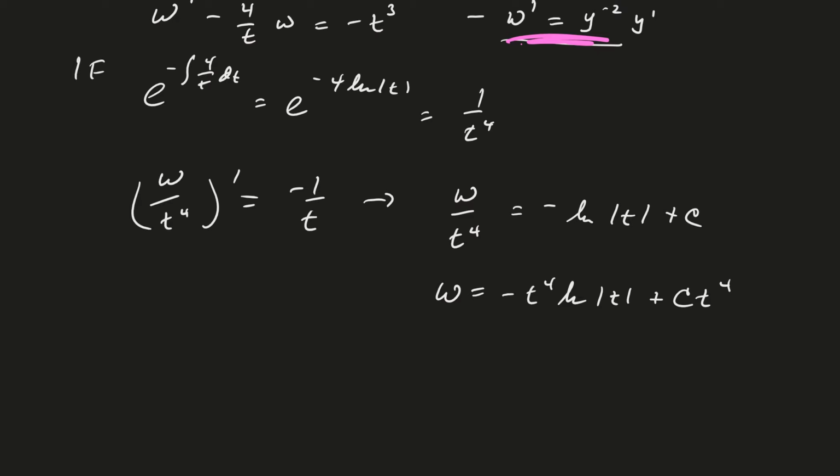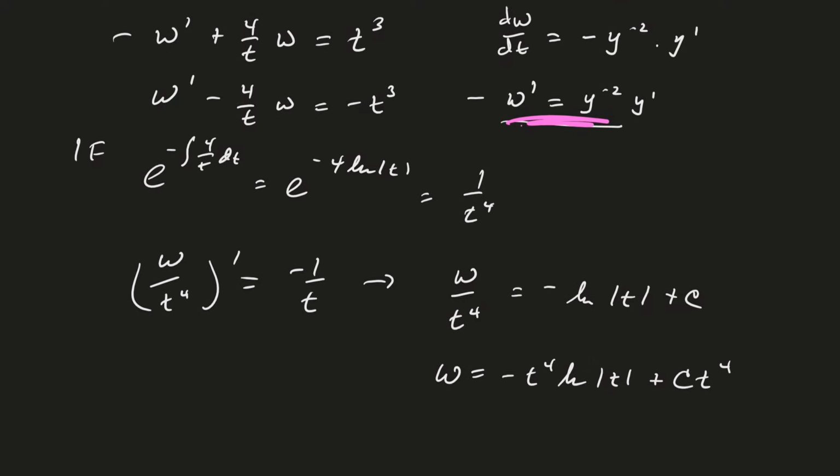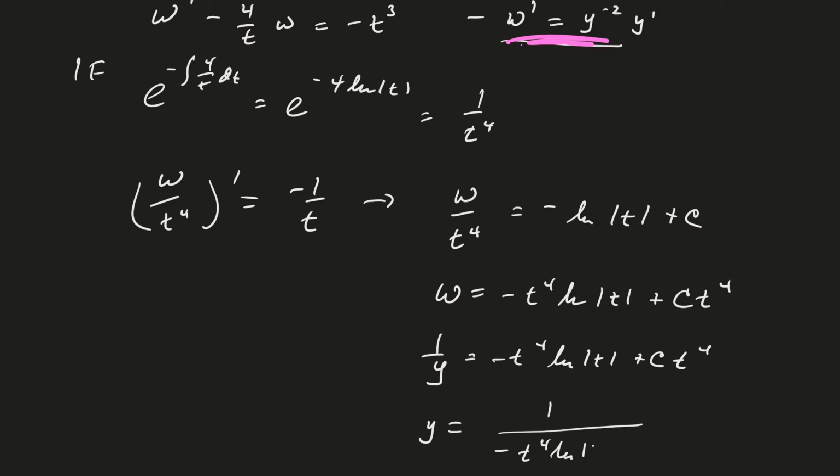But we're not finished yet, because w is equal to what? 1 over y. So we have 1 over y is equal to minus t to the 4th natural log of t plus c t to the 4th. And so then we could just write y equals 1 over minus t to the 4th natural log of t plus c t to the 4th. Good. There we go. That's not too bad.